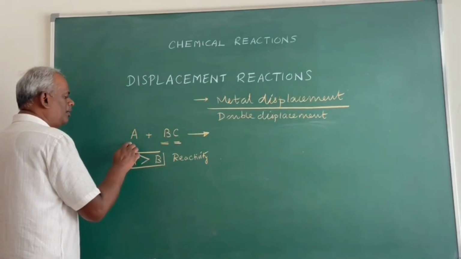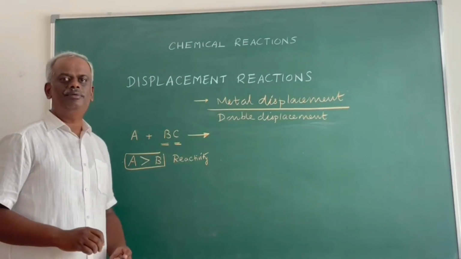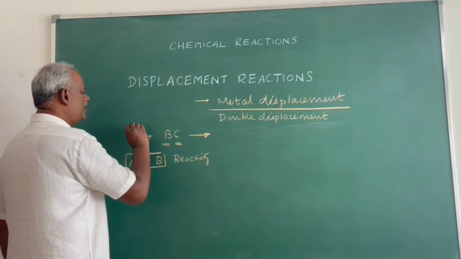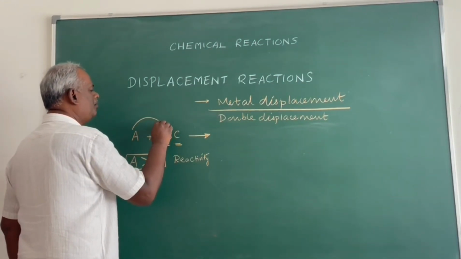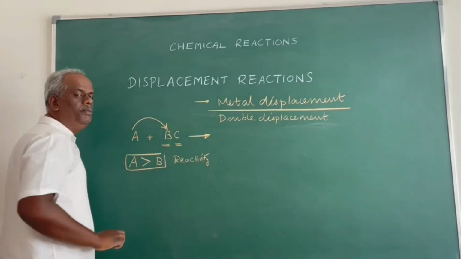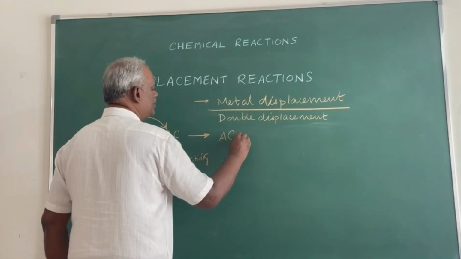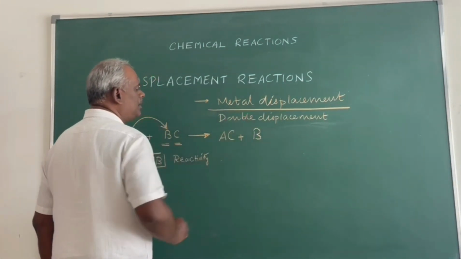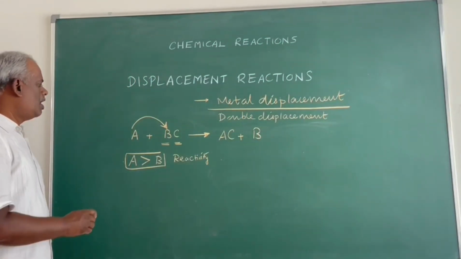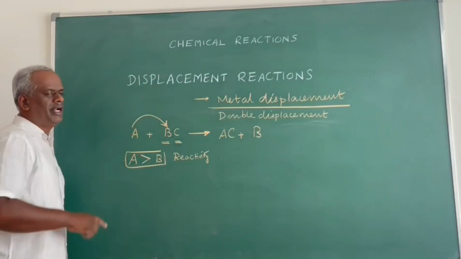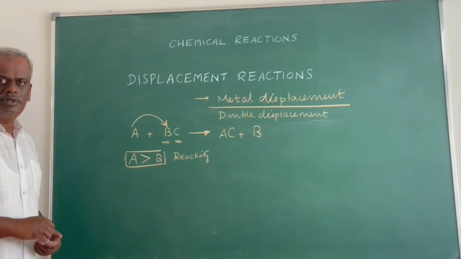Here, which is the more reactive metal? A is more reactive, so it can displace the less reactive B from BC. And what's the expected product? AC, and B is being displaced. It's a common pattern for the metal displacement reaction.